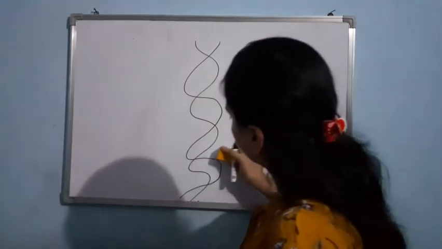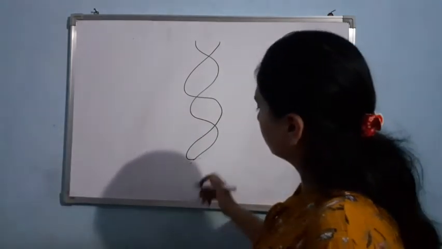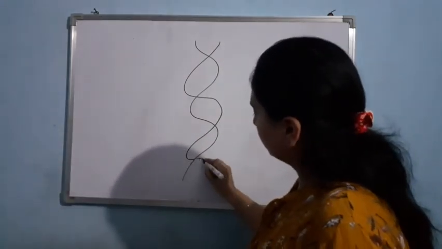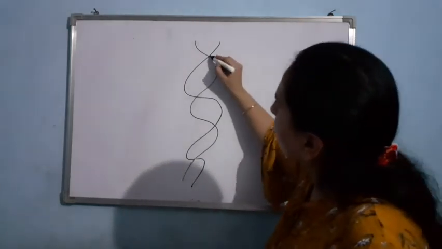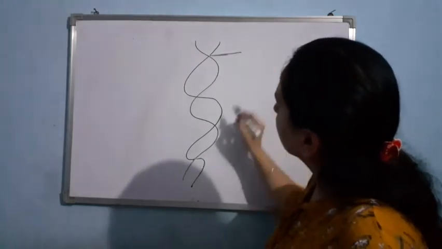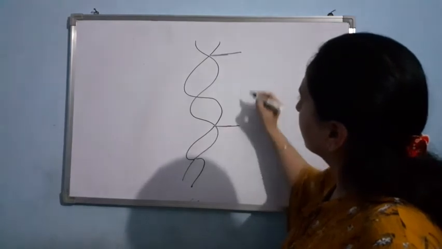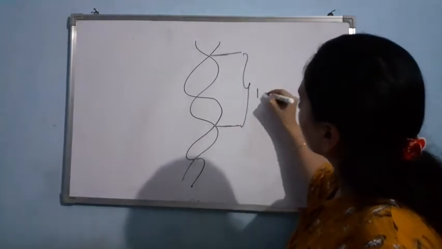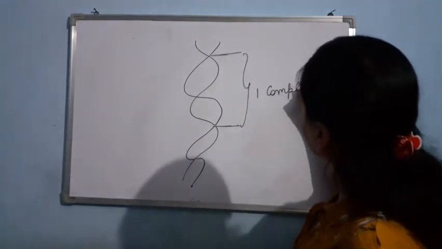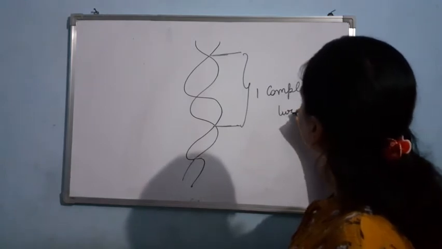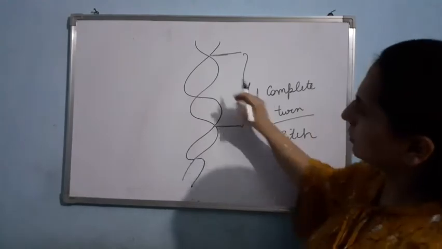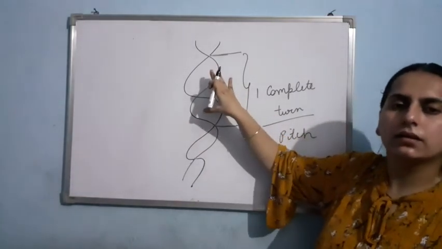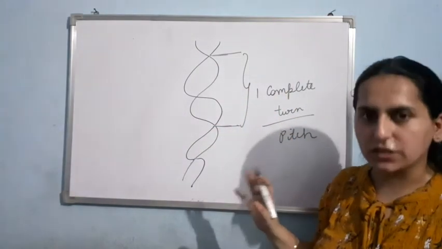Now just see. Here, from here till here, this is one complete turn, and the length of this complete turn is known as pitch. Am I clear? The length of one complete turn is known as pitch.